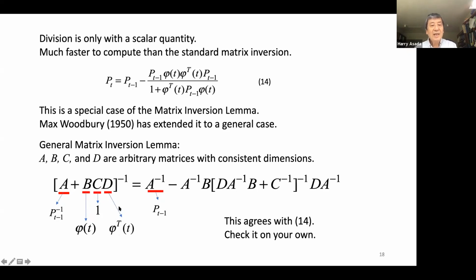But it doesn't have to be this way. C must be an invertible, non-singular matrix, and B and D must be matrices of consistent dimensions. Other than that, it's arbitrary. So this is the more generalized case. So this is the matrix inversion lemma.